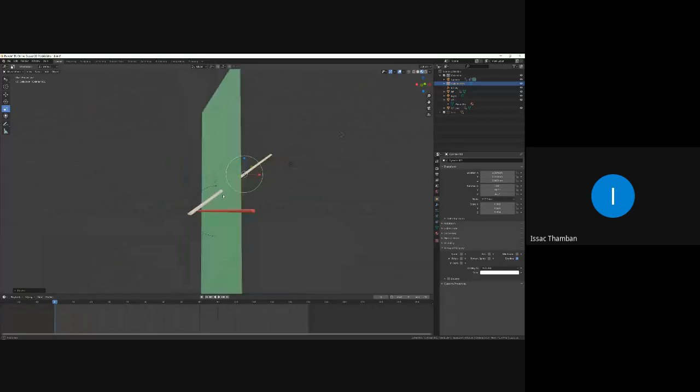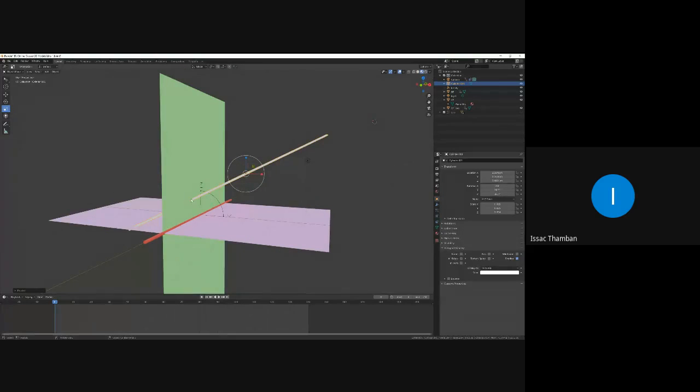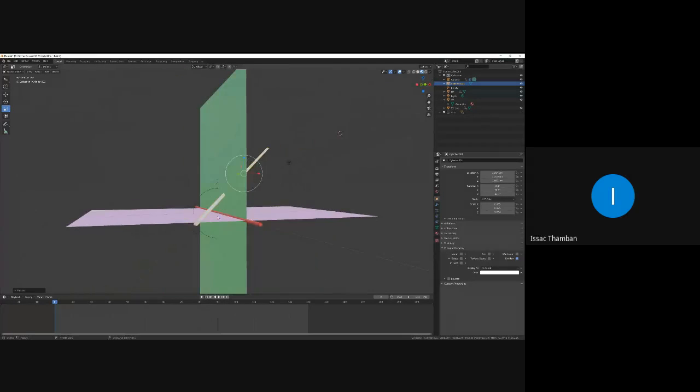Here it is penetrating the vertical plane. Here it is penetrating the horizontal plane. This is the vertical trace. This is the horizontal trace.